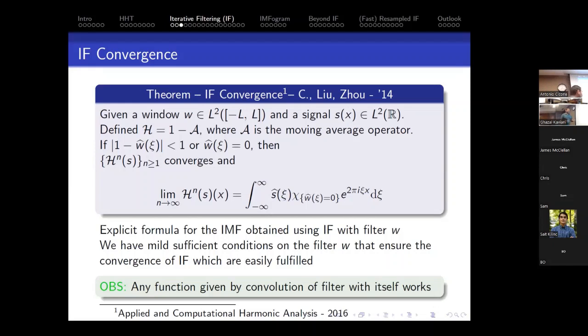The special way is simply that you can choose any shape you want, but once you choose it, you convolve that shape with itself. And now that new filter is going to guarantee the convergence. That comes magically from the mathematics, okay? Because this basically guarantees that the Fourier transform of the filter has positive Fourier coefficients, okay?